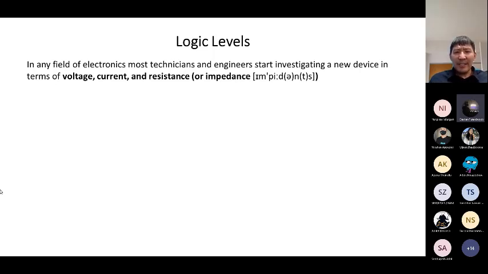So you should understand the voltage, current, resistance, and the specifications in devices.